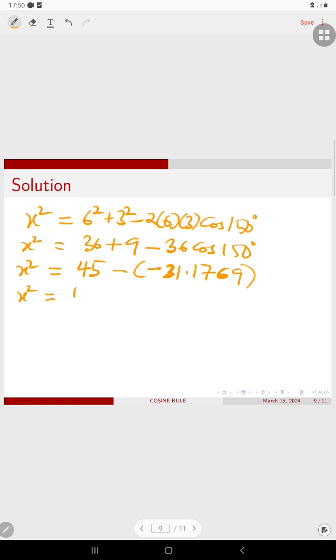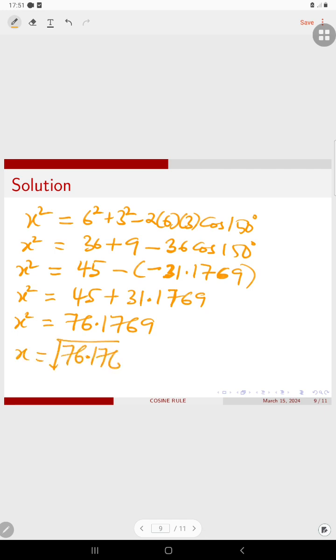So x squared will be what? 45 plus 31.1769. We are adding. We get 76.1769. X will be the square root of 76.1769.